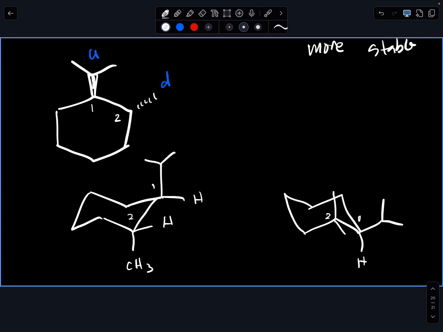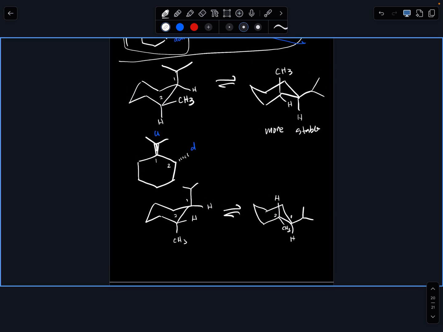And in this one now, the up is still the hydrogen and the down is the CH3. Equilibrium, which of these is more stable than the other? Right or left? Right. Yeah. Right has both of them equatorial. Left has both of them axial. This one's like the worst.